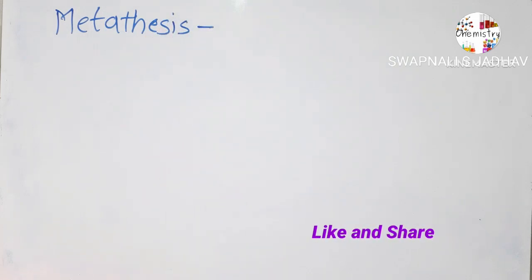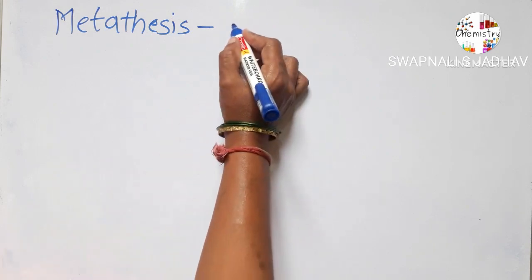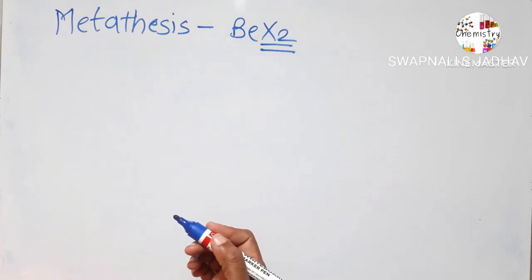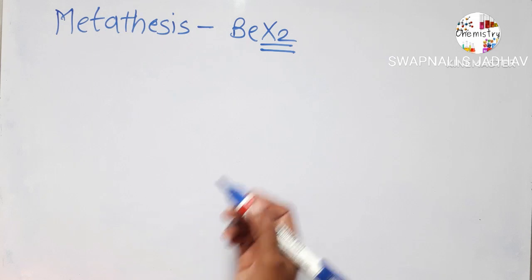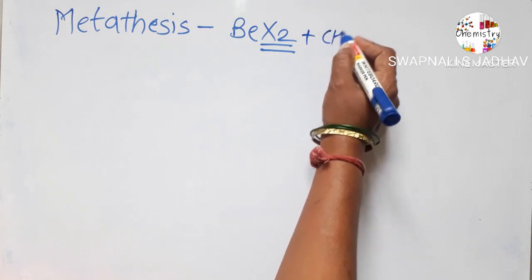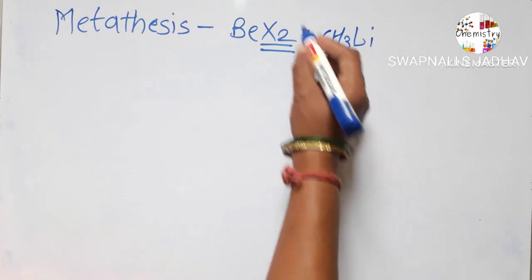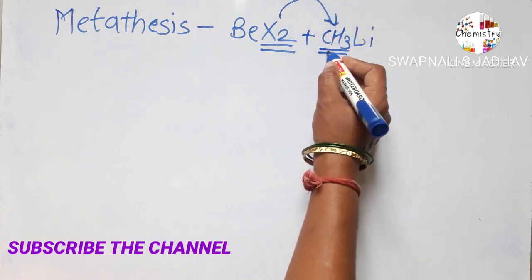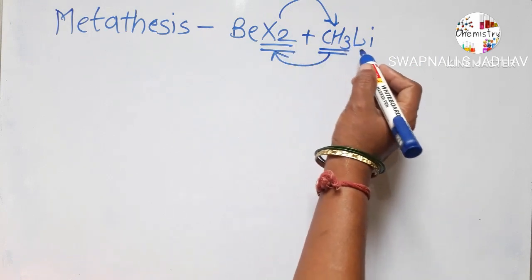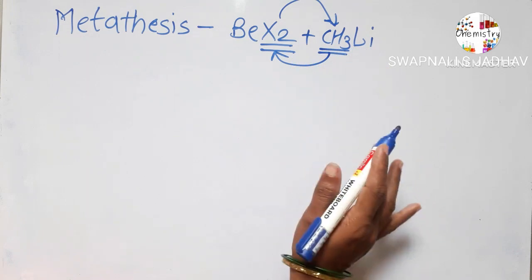There is exchange between the halogen of beryllium halide and the organo group of an organometallic compound, for example CH3Li, where the organo group is CH3. The exchange takes place with organometallic compounds containing metals like sodium, lithium, etc.